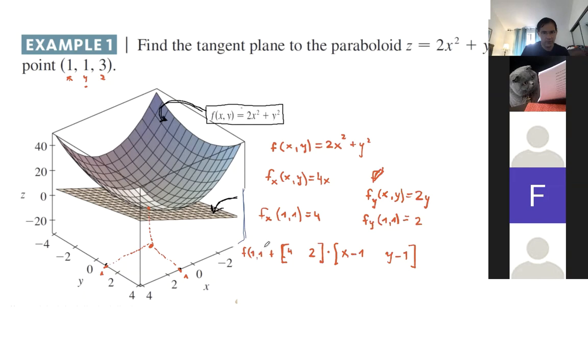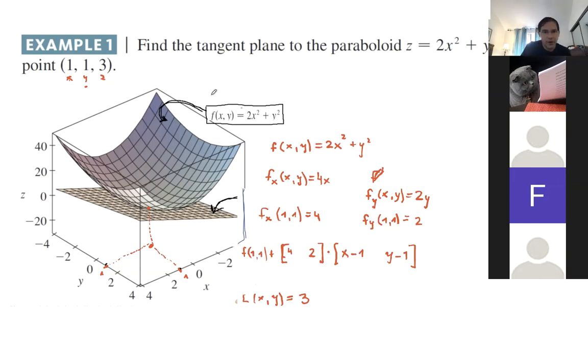Okay, so what is f of 1, 1? Let's see. This is 2 times 1 plus this is 3. So the linearization L of x, y is equal to 3. This is f of 1, 1.